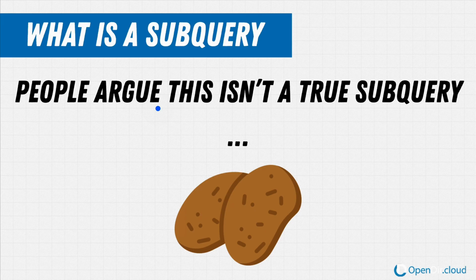And to that I say, potato, which is an English way of saying, hey, it doesn't really matter. Why argue these types of semantics? If it's a query inside of a query, it is a subquery. And let's not dilute our learning process with these semantics that overcomplicate things, specifically the ones that are rooted in people's opinions.